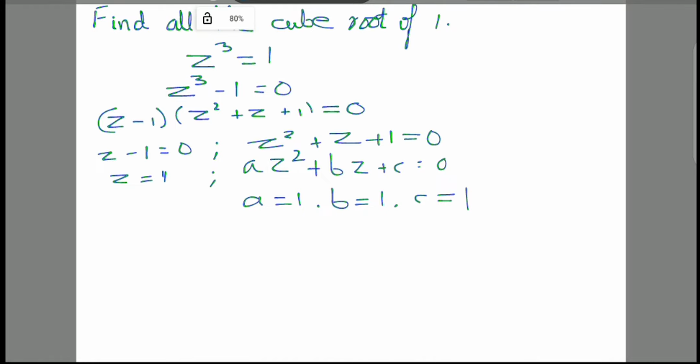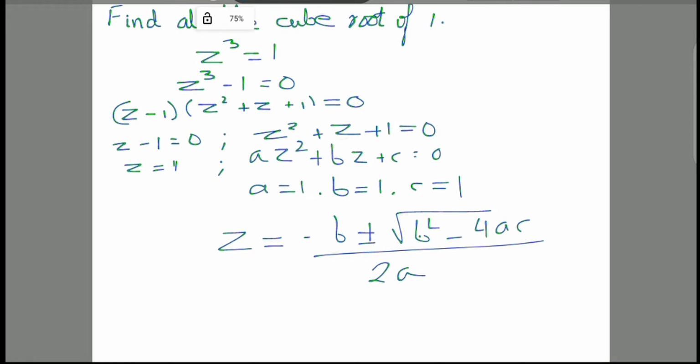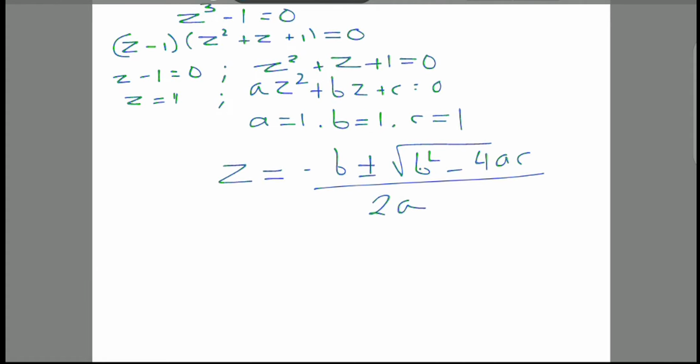Lastly, for such a quadratic equation, we have z equals minus b plus or minus root over b squared minus 4ac, divided by 2a. That is equal to minus 1 plus or minus root over 1 minus 4, divided by 2.